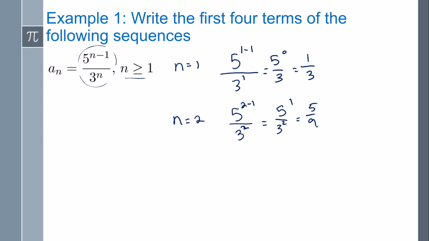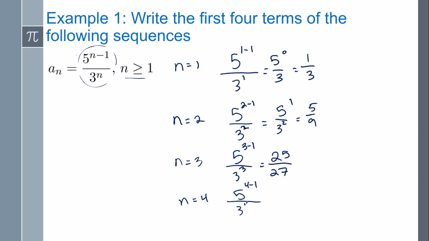My third term. So we can say 5 to the 3 minus 1 over 3 to the third. So that would be 25/27. And then my fourth term, that's going to be 5 to the 4 minus 1 over 3 to the fourth. So that's 5 to the third over, what was that, 81.